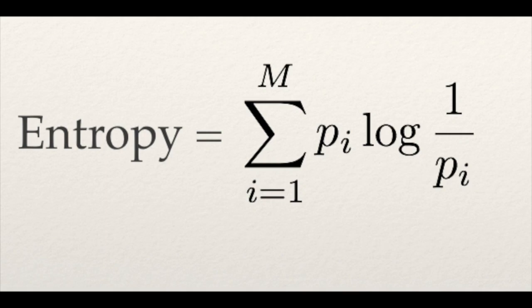The larger the number of bits we need to describe a situation, the more chaos the situation is in. So entropy is a measurement of the information, or the lack of it, about some random event, some random process.